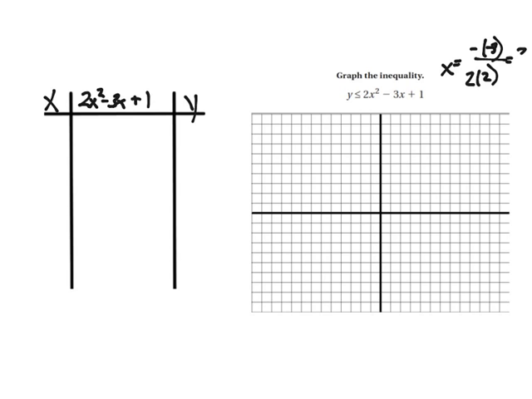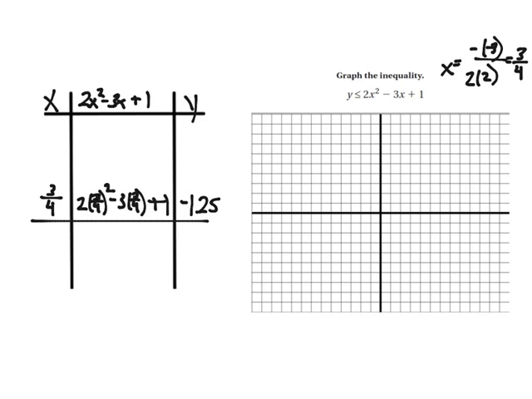And we end up with 3/4. Plug in 3/4, minus 3 times 3/4 plus 1, and we get negative 1.25.